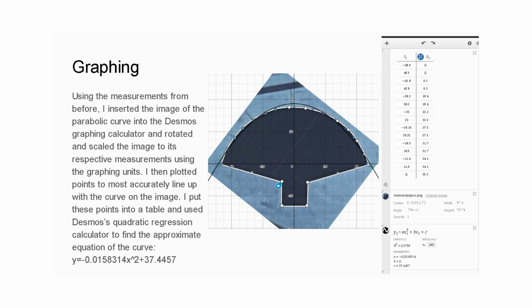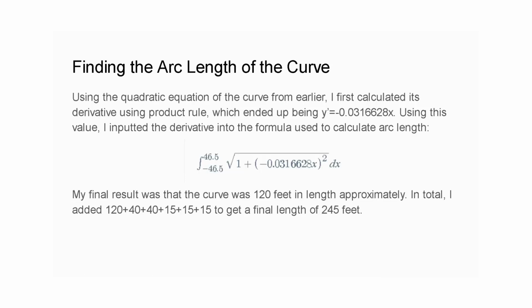You have the table of plotted points on the top right. Then we have the angle I needed to change the image by on the right below that. And then we have the quadratic regression calculator on the bottom right with an approximation of about 0.9769.